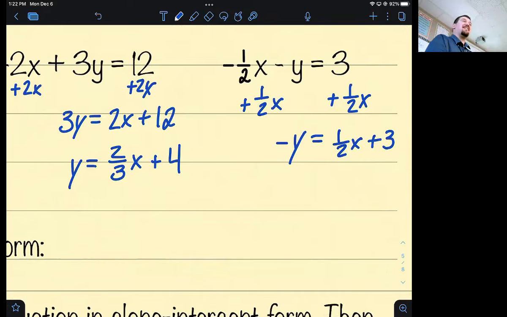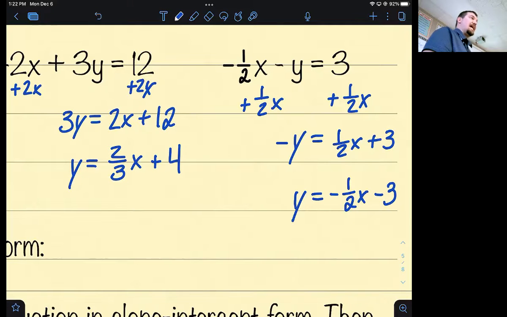It's a good way of saying it, right? Make everything not negative. So take the opposite of everything. So negative y becomes y. What's the 1/2 x become? And the 3? Don't put plus minus 3, just minus 3 will work. I see people do that a lot, and it's just confusing you.